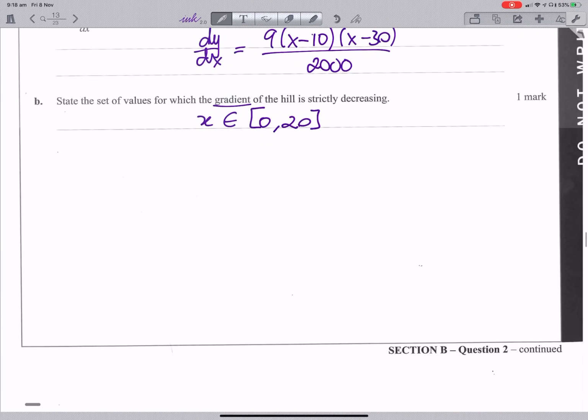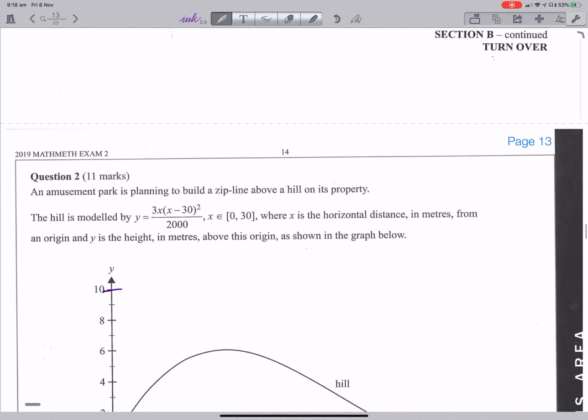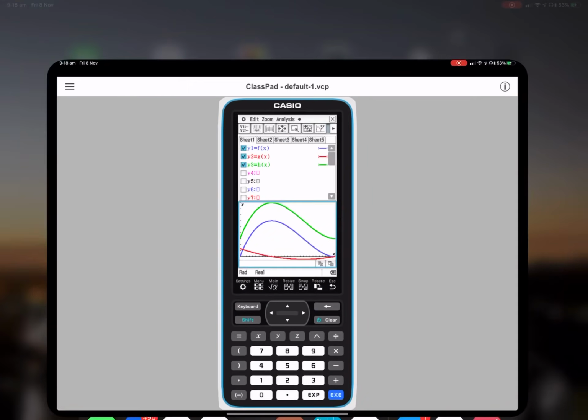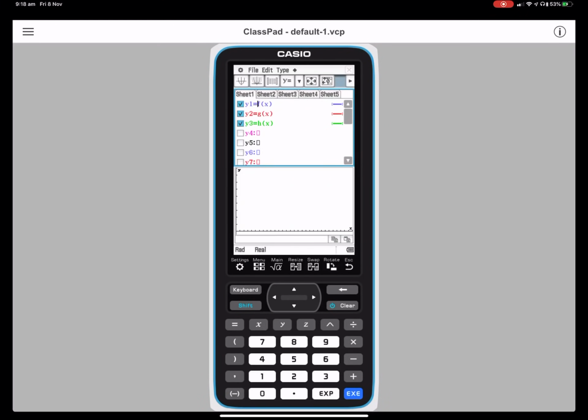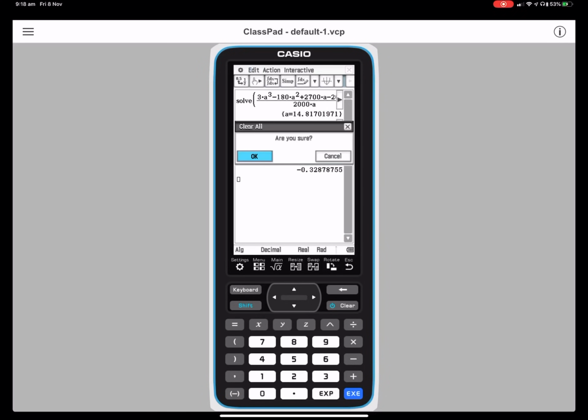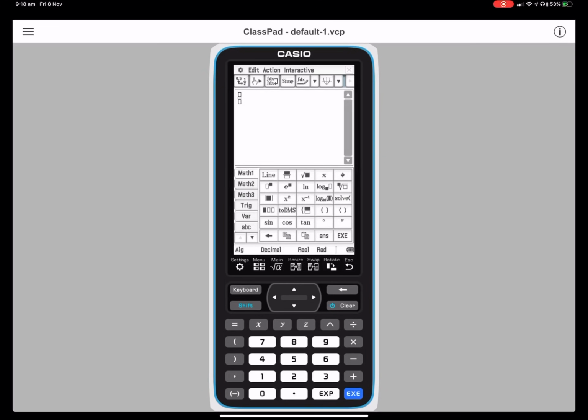3A, A minus 30 squared on 2000. So let's clear it all again just to check. So we've got f of A, that is my y value, minus 10 over A minus 0.